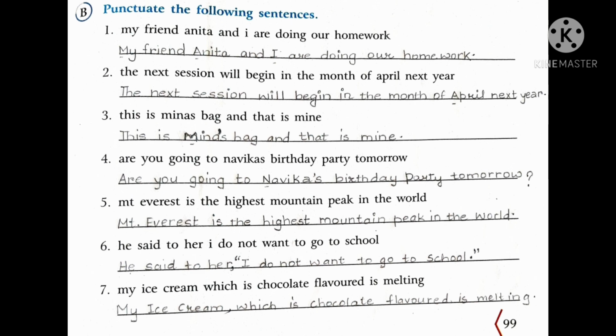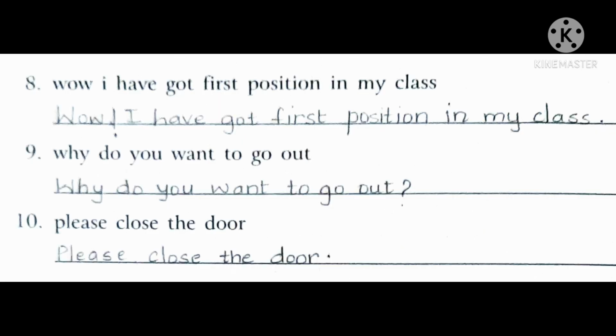Anita is the name of a person, so the first letter A is written in capital letter. And after that, I should be written in capital letter. And it is a statement, a simple sentence. That's why we have put a full stop there.